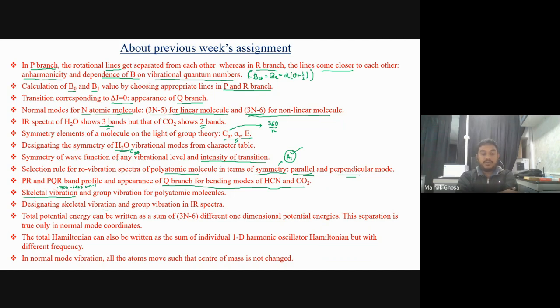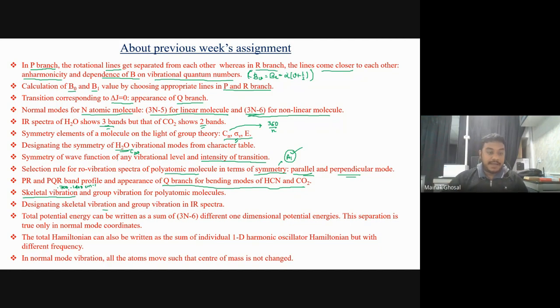That means when one group is vibrating, it is devoid of any other environment that is present there. And then this was discussed, how this appears in an IR spectrum. One IR spectrum was shown, and from that, what the skeletal vibration region is, what the group vibration region is, and for which functional group the group vibration will be where, was also discussed.